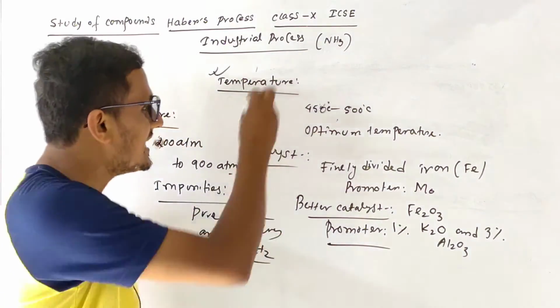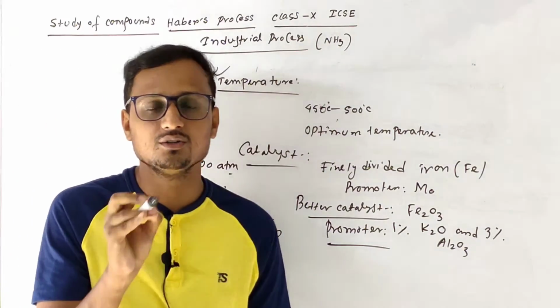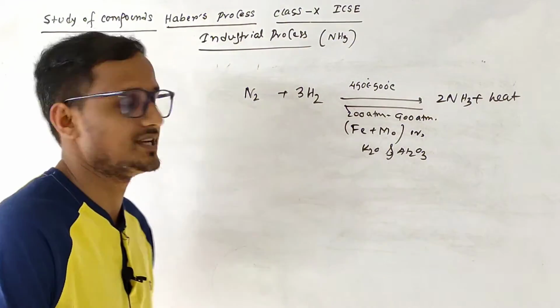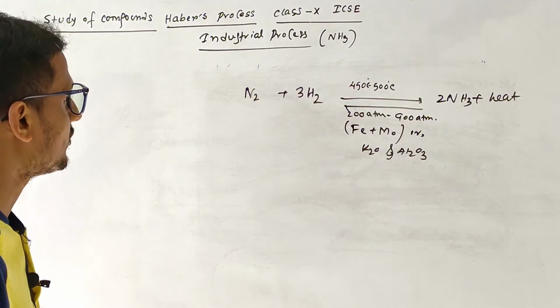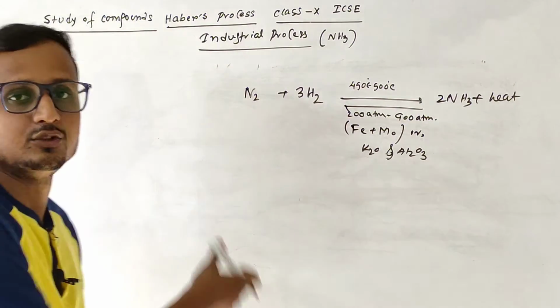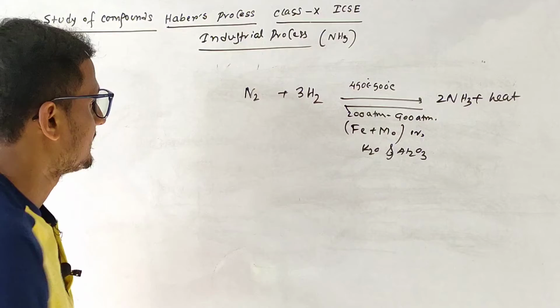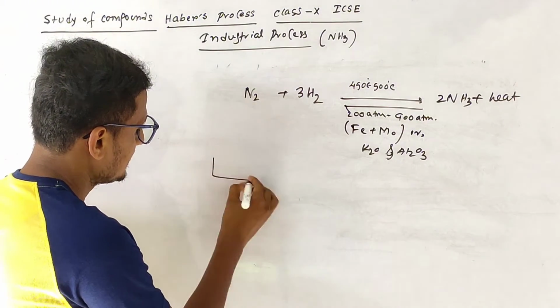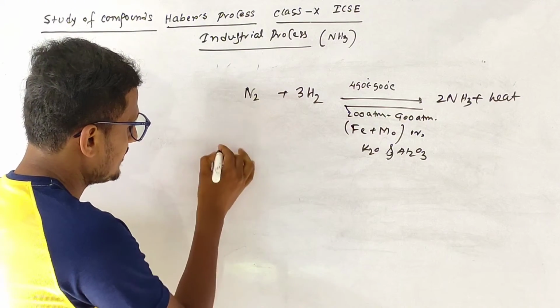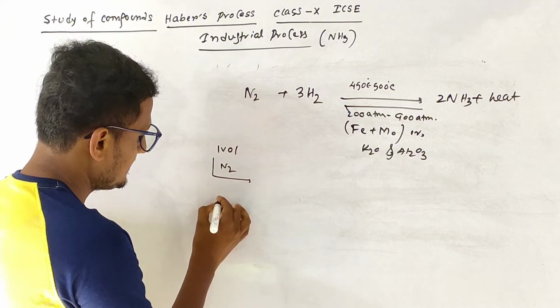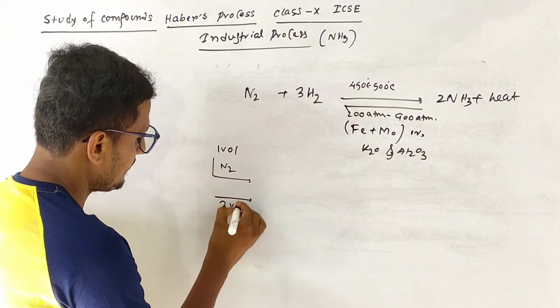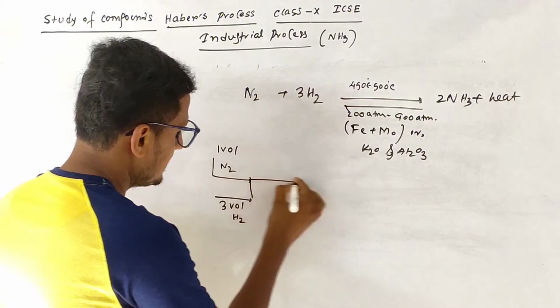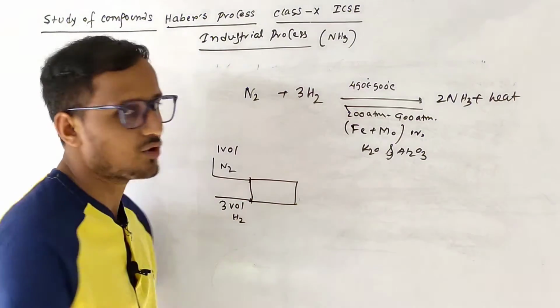Okay, so maintaining all these conditions, now we will see a total flowchart of this reaction. What is a flowchart? That means what we have done in the total video, that I will tell you. We have taken 1 volume of nitrogen and 3 volume of hydrogen, and after that we will compress.